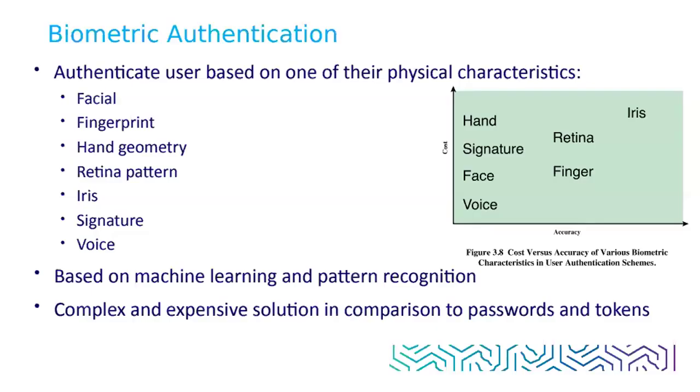It answers the question by recognizing your unique physical or behavioral characteristics. Biometric authentication is a method of verifying a person's identity using unique physical or behavioral characteristics. Every person has a unique biological feature like the fingerprint, face, or iris pattern. These characteristics are extremely difficult to duplicate, making biometrics a strong authentication method.